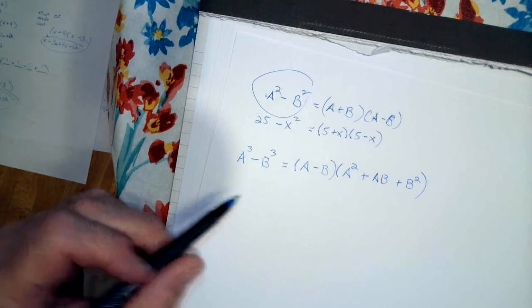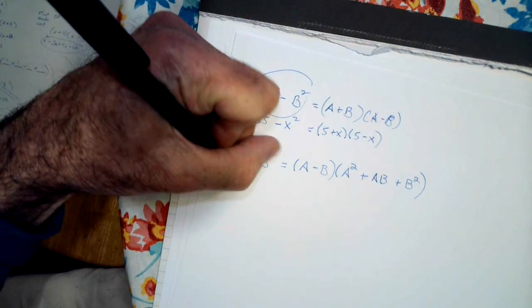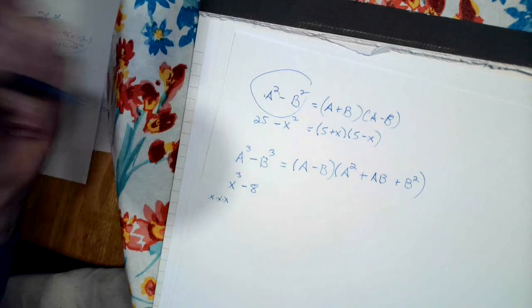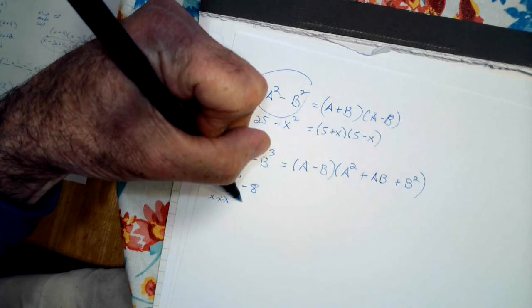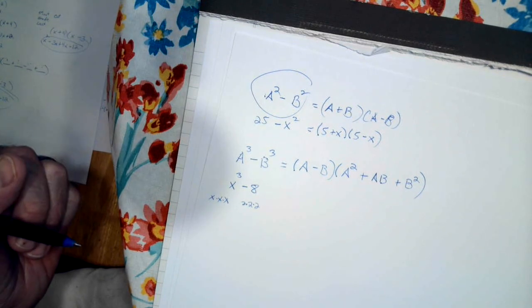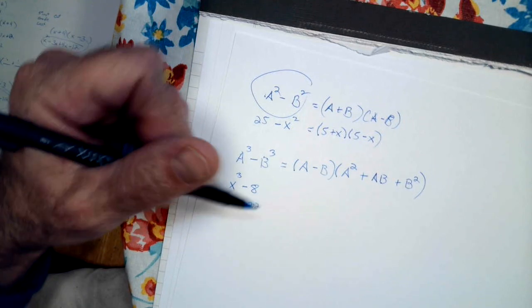And how that might be is, for example, let's say you have x to the third minus 8. X to the third is x times x times x. So that's a perfect cube, right? 8 is 2 times 2 times 2, right? So first of all, figure out what a and b are. In other words, what is it that's going to the third power? What is it that's going to the second power?